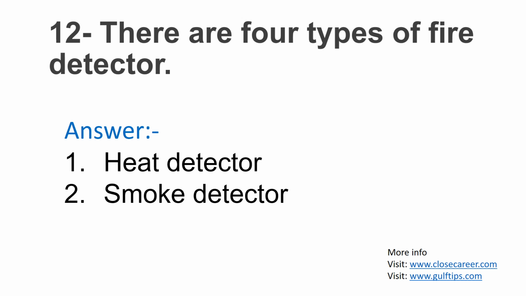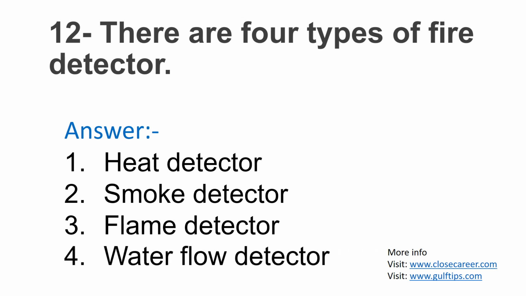Number two, smoke detector. Some sensors detect smoke. If there is smoke, they will inform the people by setting off the alarm. Smoke detector, flame detector. The fire also creates a flame. And water flow detector. Water flow detector means every company or any building joins the sprinkler system.